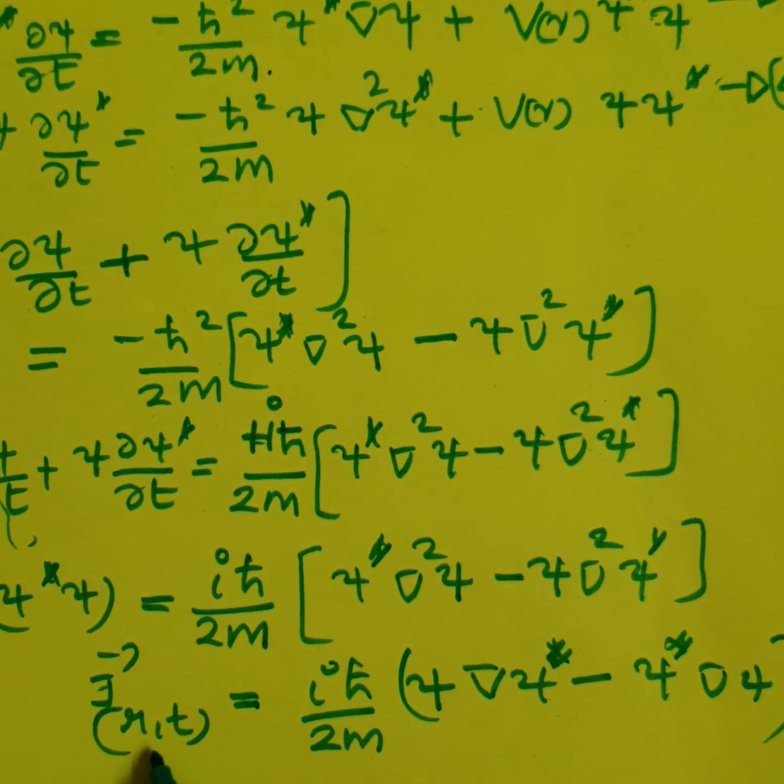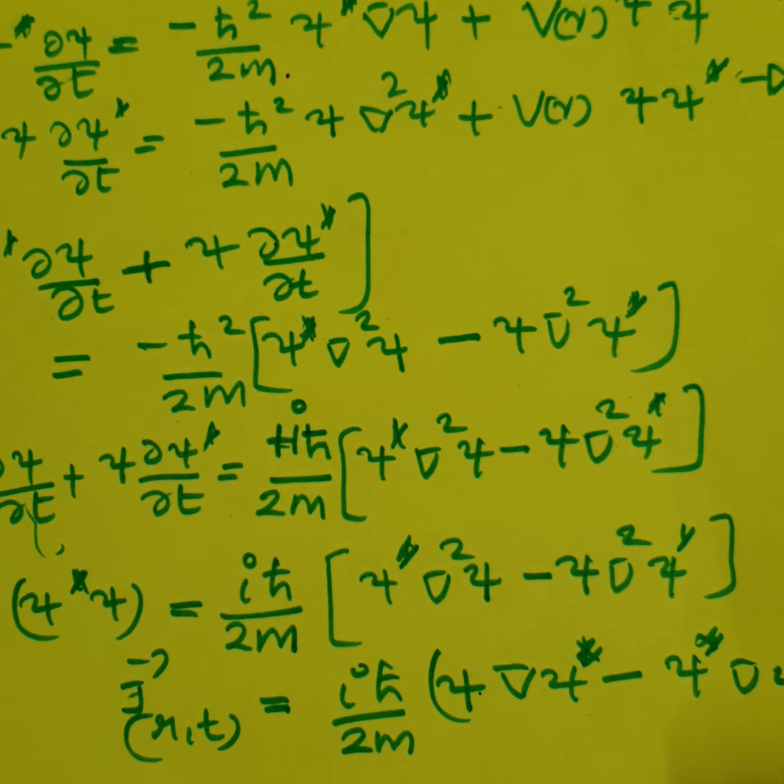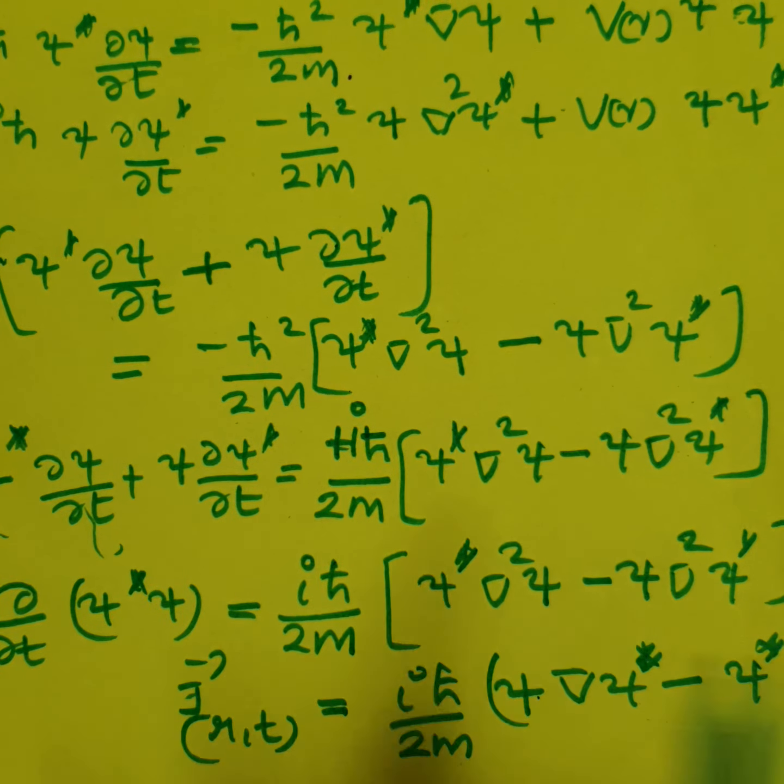So the vector j can be written as iħ/2m into psi ∇psi star minus psi star ∇psi. So we can replace this equation with this j vector.